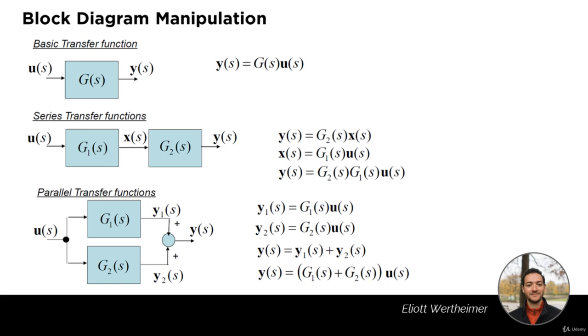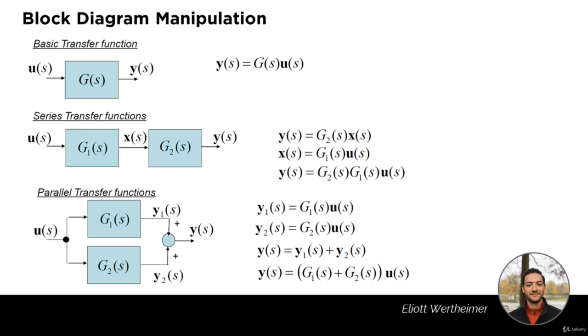So G1(s) will output Y1(s), and G2(s) will output Y2(s), okay? Then you have a sum, in this block diagram. It could be something else, but here you have a sum of the two outputs of these transfer functions to give the final output signal Y(s).